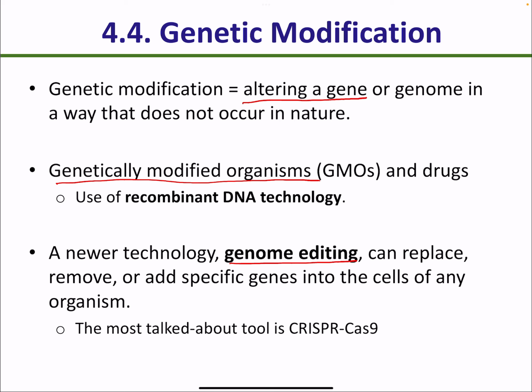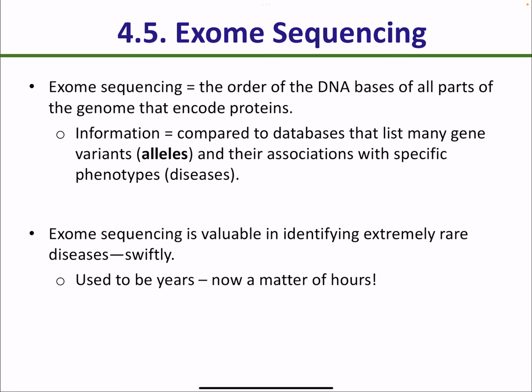With genome editing, we can remove a gene, we can add a gene, we can alter a gene, we can replace a gene. One of the most common genome editing approaches is CRISPR-Cas9, which is very commonly used.